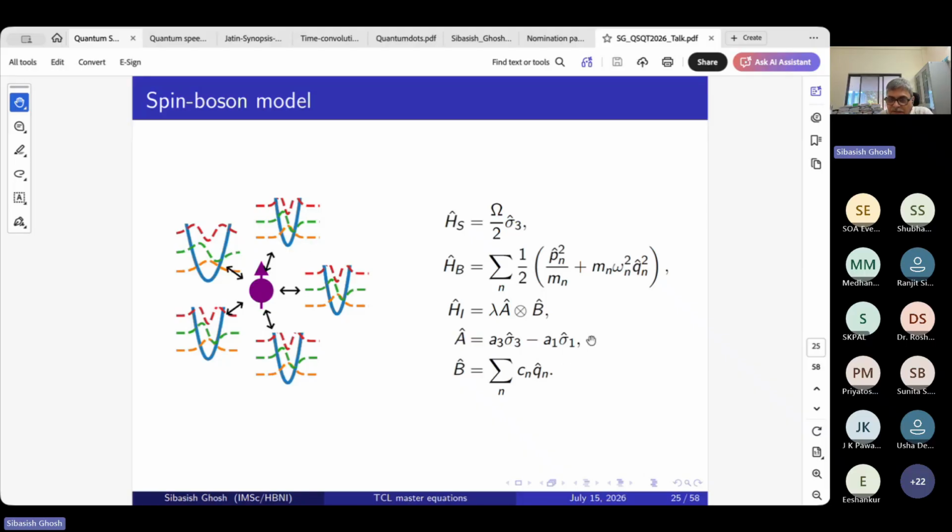You can ask where is the sigma 2 term, but anyway you can choose a reference frame where you will have only these two terms, sigma 3 and sigma 1, and B is basically the position dependent bath operator. Okay, so this is something like the Caldeira-Leggett model kind of thing, okay, for this spin boson system.